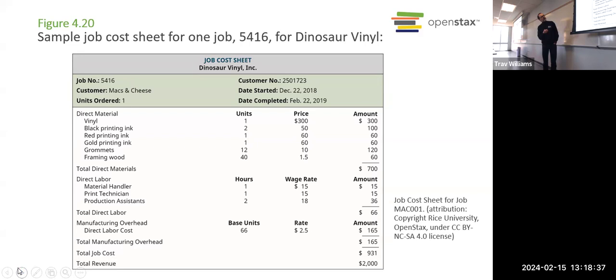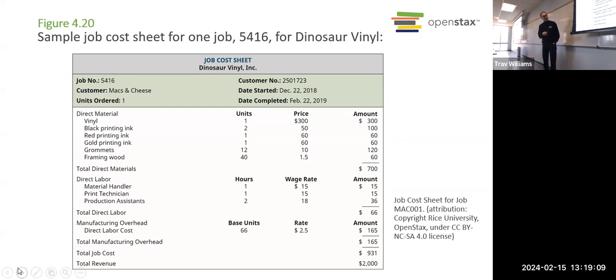And we can see all the materials that went into this product, the number of units of each material times the price per unit. Labor, we can see all the hours of labor at what wage rate and a total. And then the overhead. And remember, in this case, they were taking the $66 of direct labor cost, multiplying it by their rate of $2.50 of overhead per every dollar of labor.